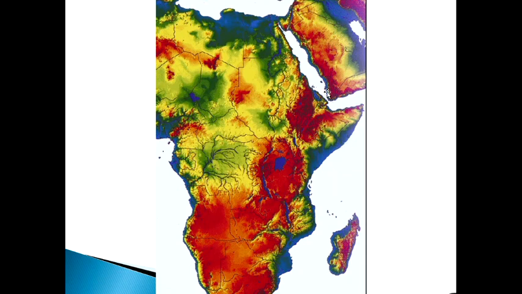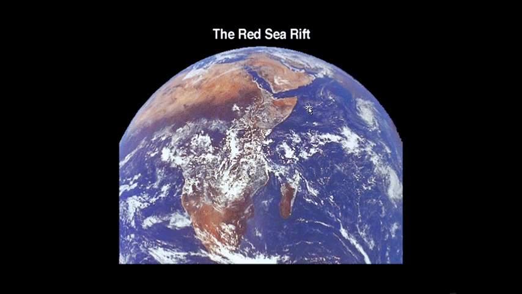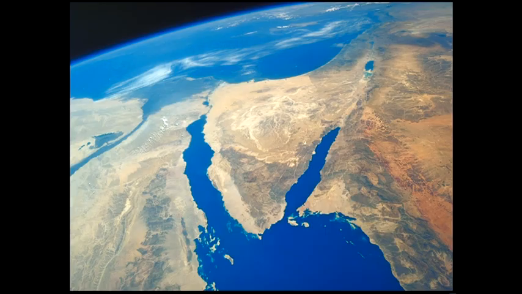There's Africa and Saudi Arabia. The Red Sea is right there. That is a spreading area. Looking at it from satellite view, you can see this, there's pesky clouds in the way, but there's the two land areas, Africa and Saudi Arabia, the spreading Red Sea.